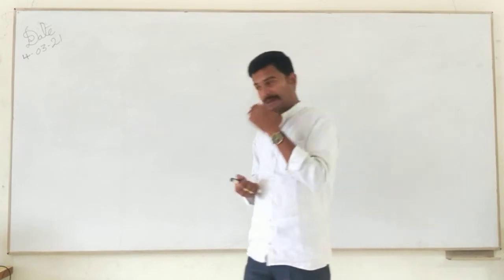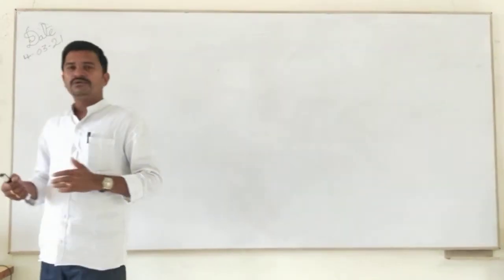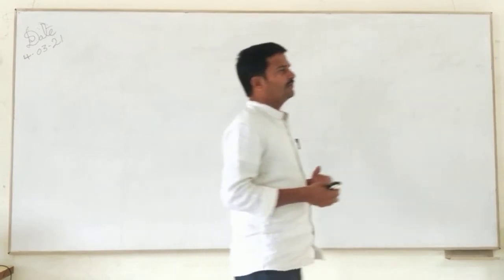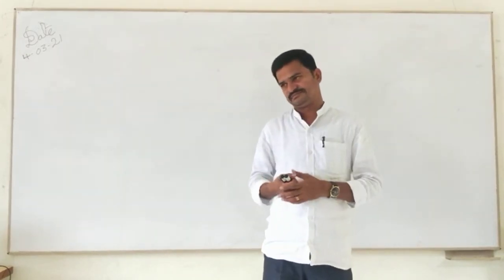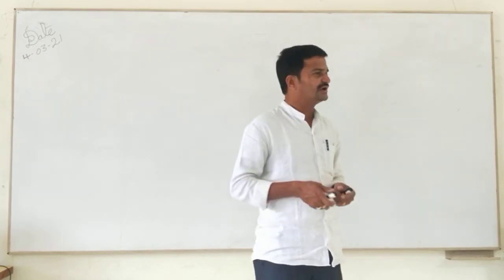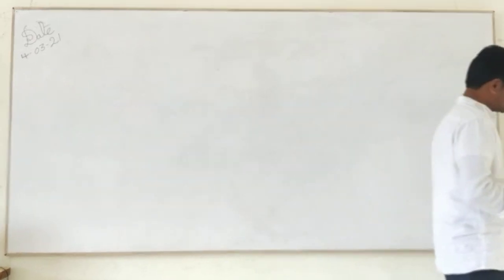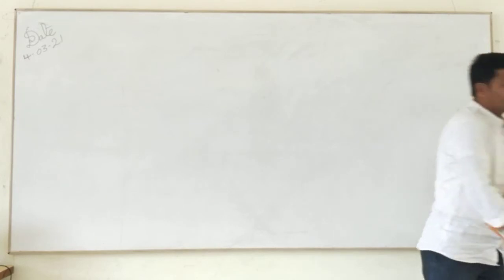Yes, sir. Okay. Now, let us see how we are going to construct a rectangle. How to construct a rectangle? This is the question, children. Come on, write it down, all of you.